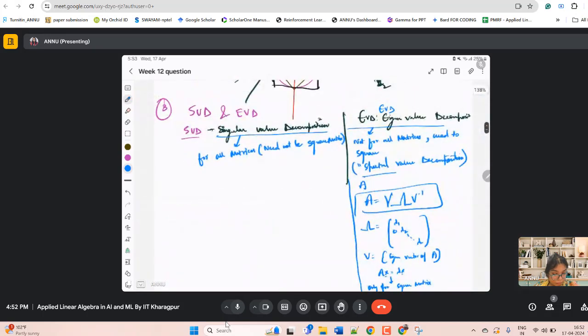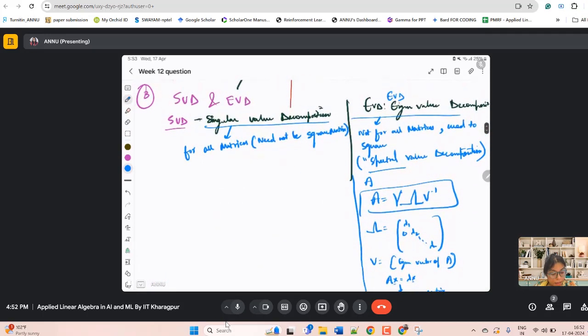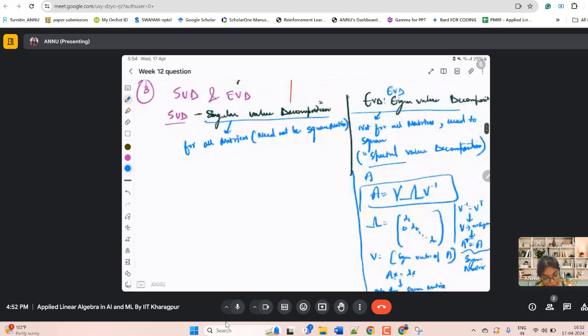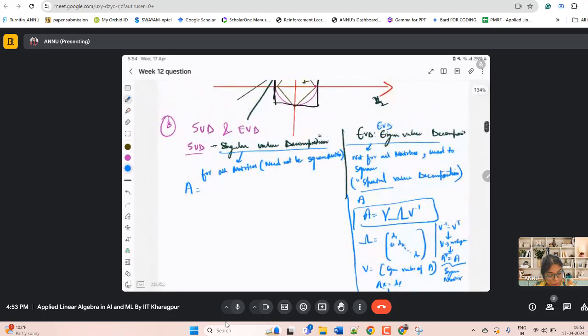And V inverse equals V transpose when V is orthogonal, when A transpose equals A, or symmetric matrix. Whereas SVD is for all matrices. SVD states that any rectangular or any square matrix can also be written as follows. So what have you concluded from this? SVD is equal to EVD for square matrix.